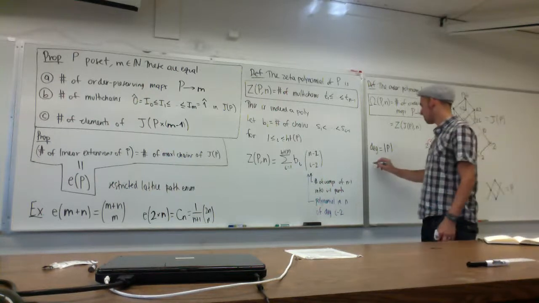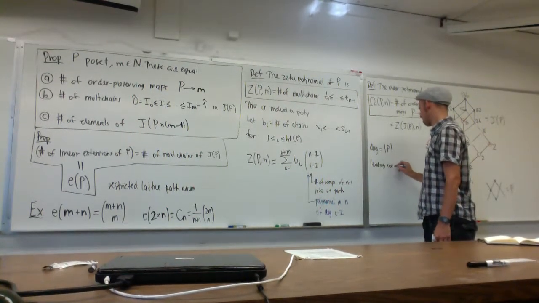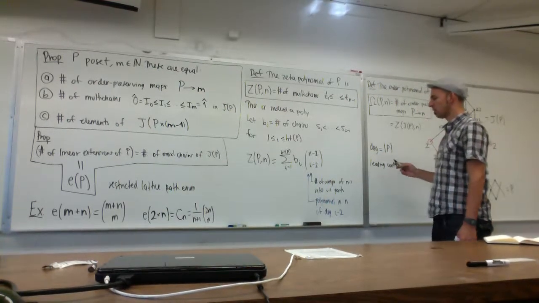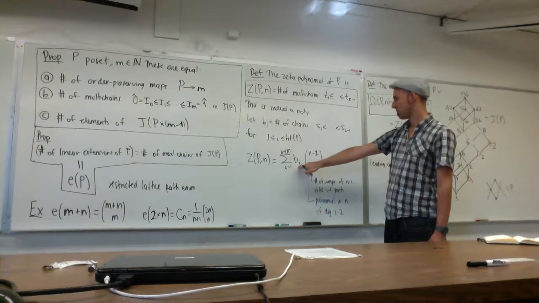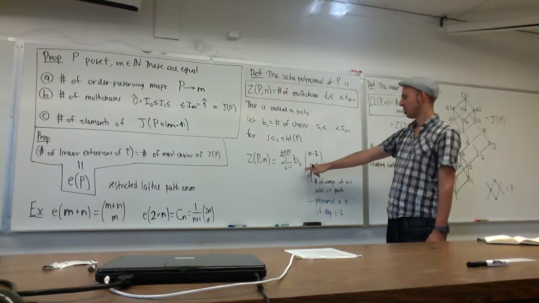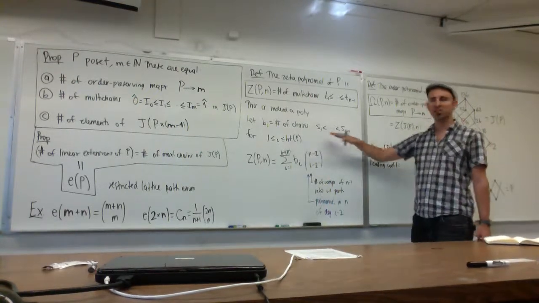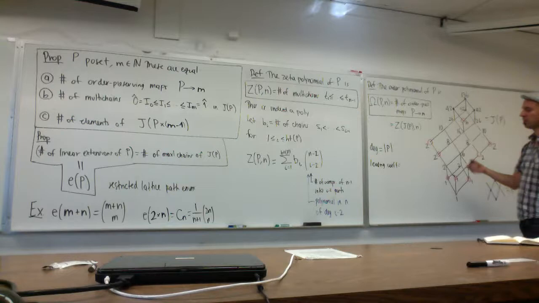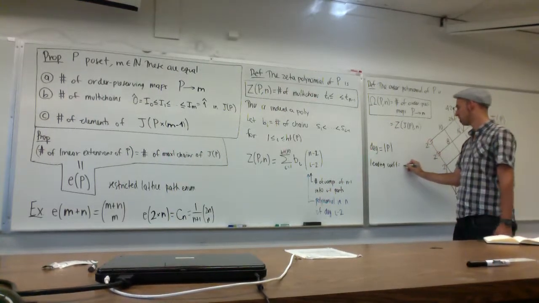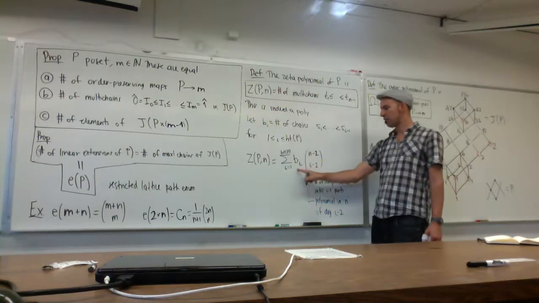And what is the leading coefficient? It's this number for when I is as big as possible, right? So it's the number of maximal chains of J of P. So you're going to get an E of P here, right?